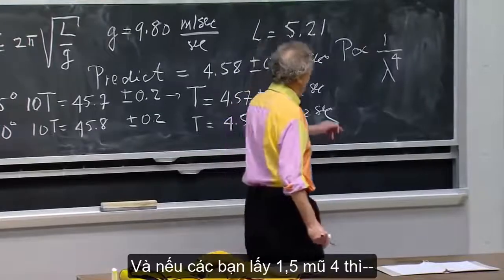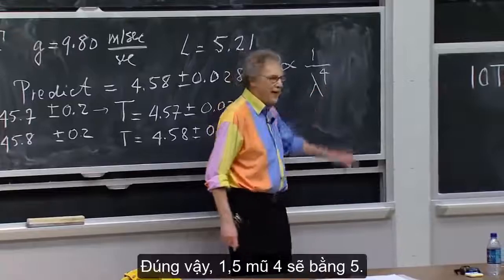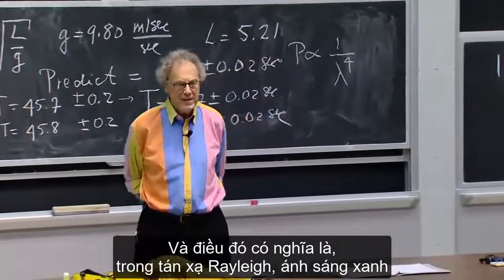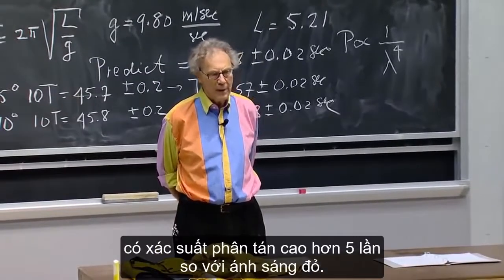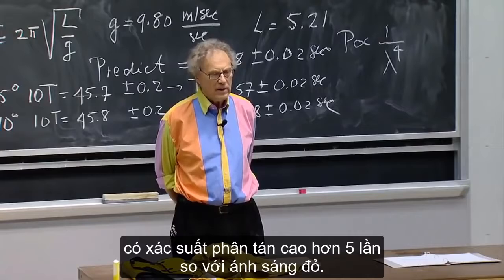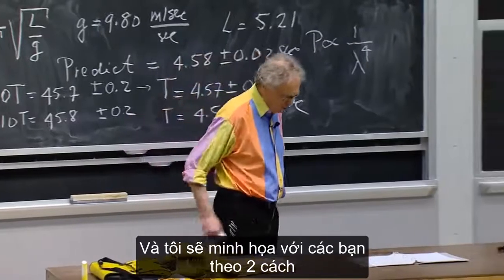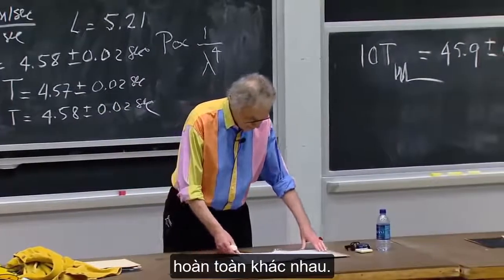So if you take 1.5 to the power 4, you get 5. That means in Rayleigh scattering, blue light has a 5 times higher probability to scatter than red light. And I'm going to demonstrate that to you in 2 completely different ways.